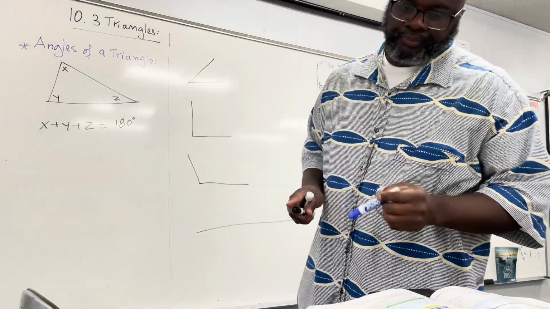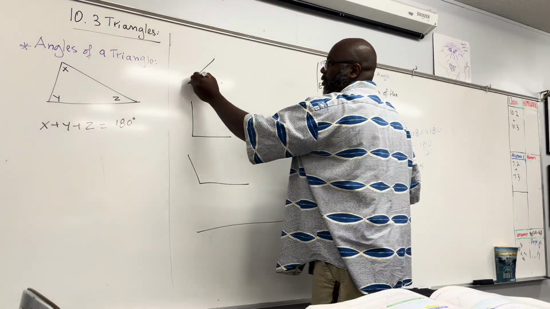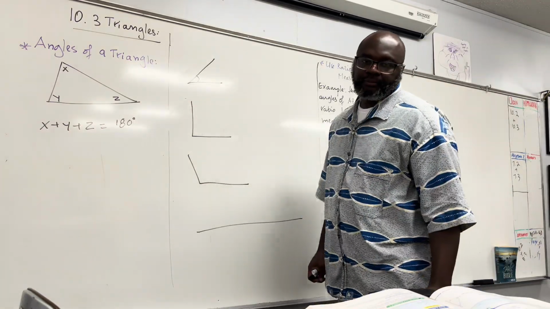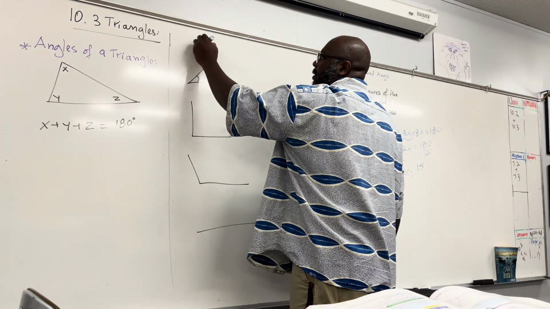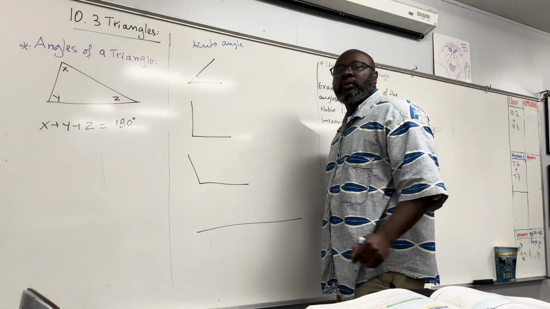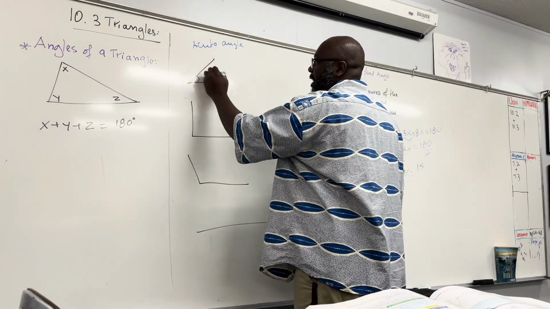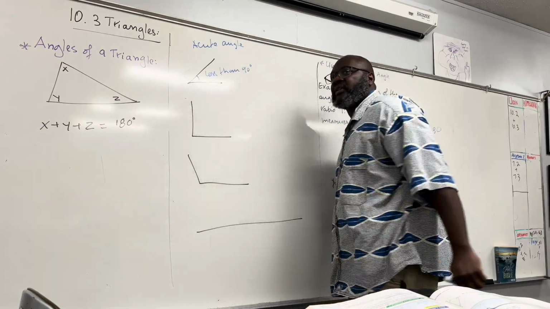All right, so this is going to be called, Lee just mentioned it, what is it? Acute angle, right? Why do we call it an acute angle? Because it's less than 90 degrees. The measure of the angle is less than 90 degrees.